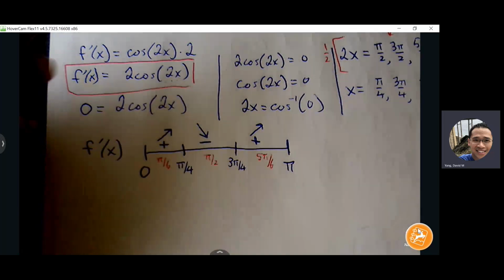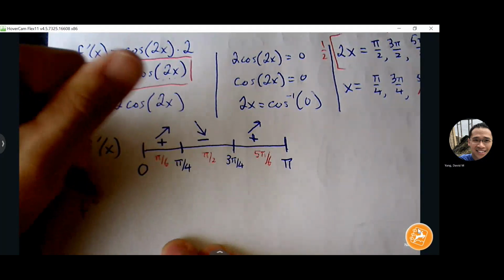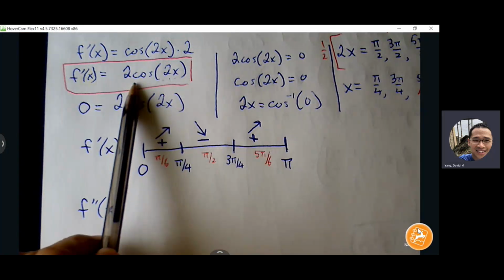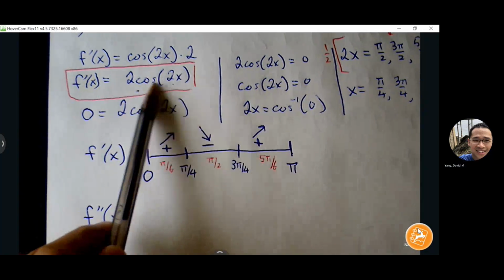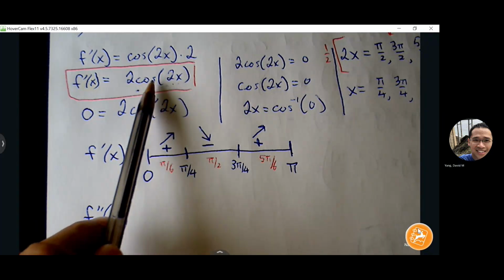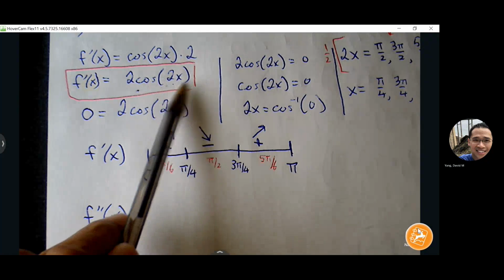Let's move on to our second derivative function. So we're working from the first derivative level. Cosine of u becomes negative sine of u times u prime. Okay.